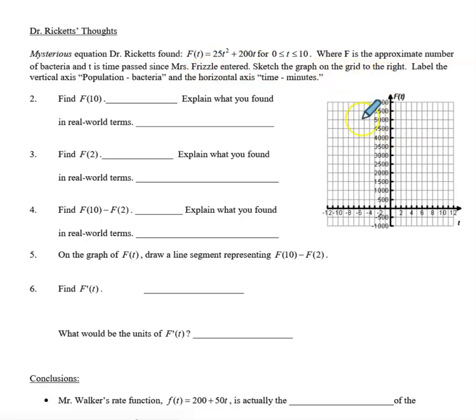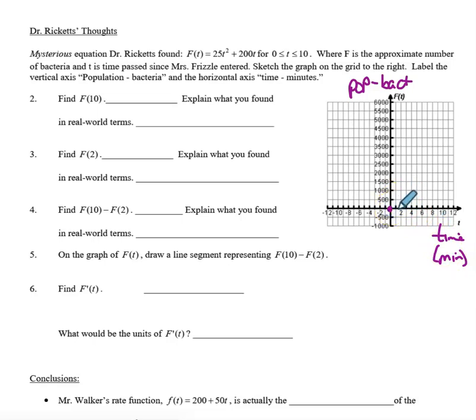So on the grid right here, what we want to do is we're going to label the vertical axis population in bacteria or population of bacteria. And then my horizontal axis, I'm going to label as time. And this is going to be in minutes. So let's graph this equation. We know that we have a vertex here at the origin.